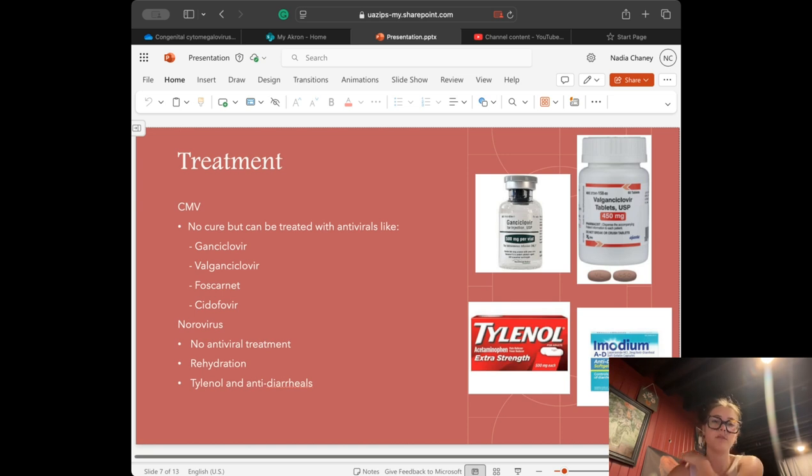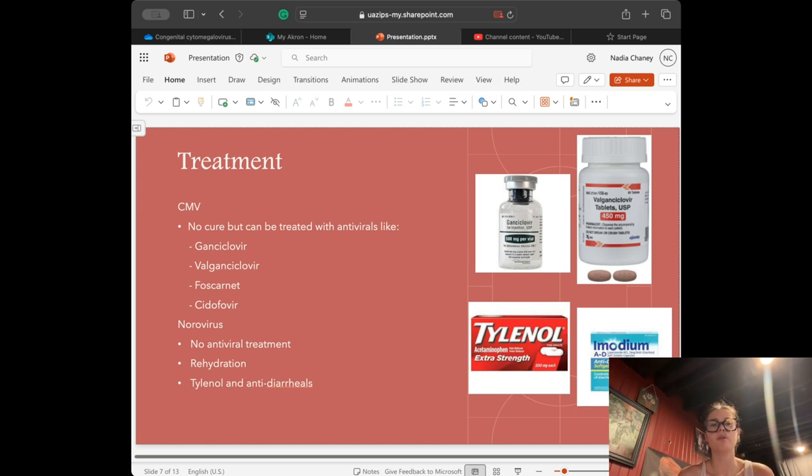And then valganciclovir is just the oral version of that. And then the last two are for CMV that is resistant to the other two.